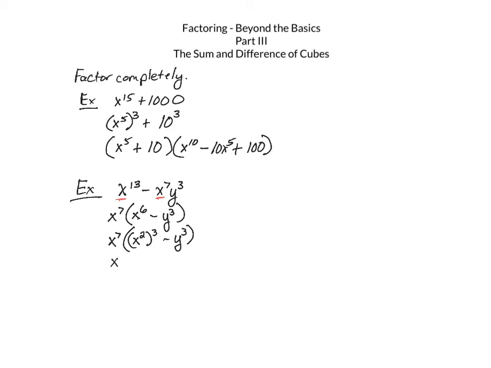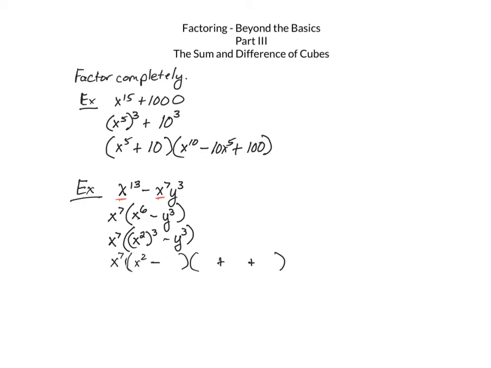So I'm just going to bring down my x to the 7th. I have a binomial and a trinomial. I'll fill in the signs. I have the same sign, opposite sign, always positive. My binomial will be what I get when I just remove the cubes, so I will have an x squared.